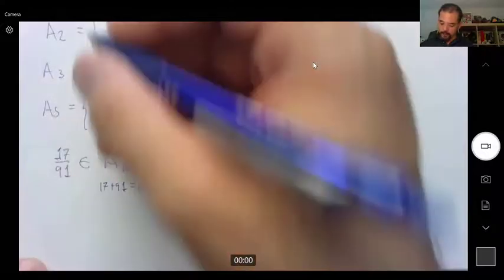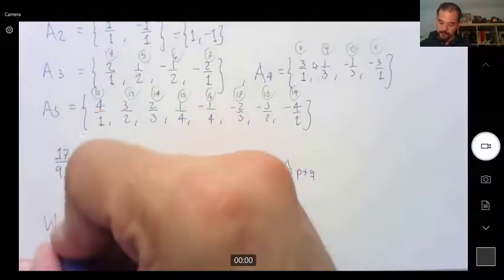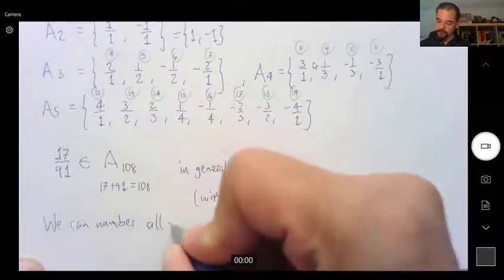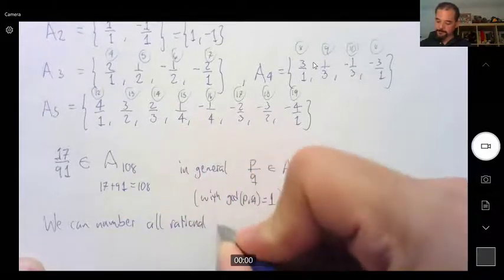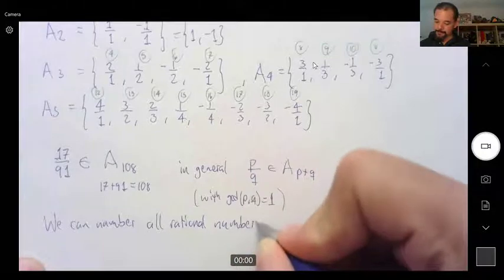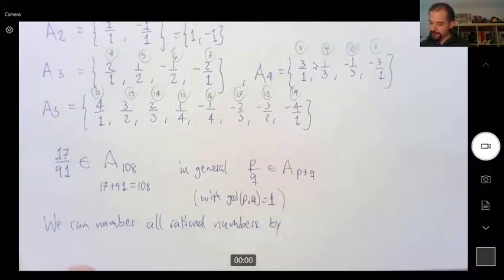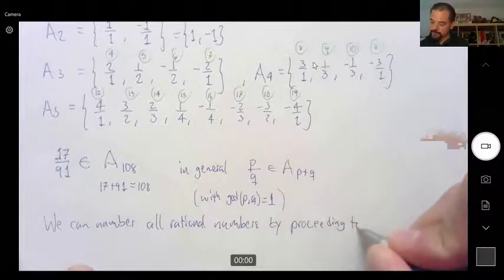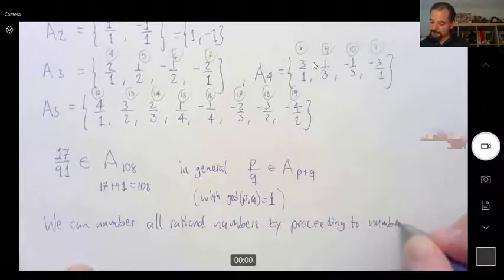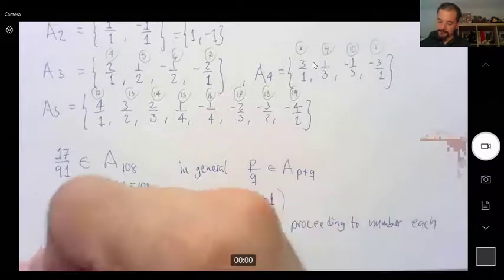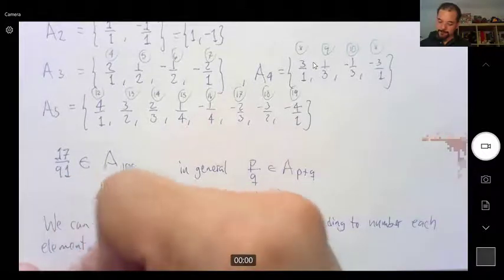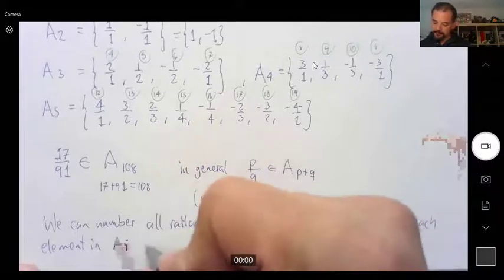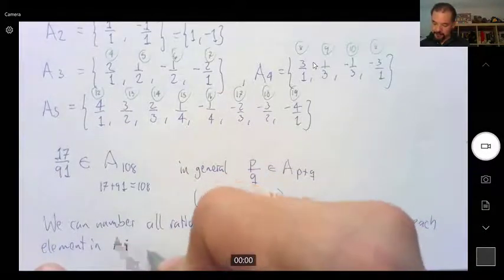So, but it should be clear that we can number all rational numbers by proceeding to number each element in A_i recursively.